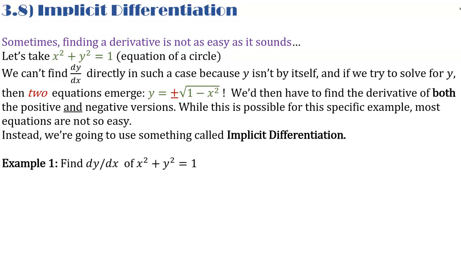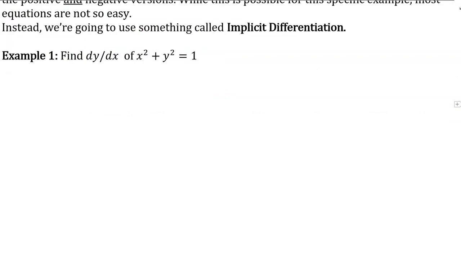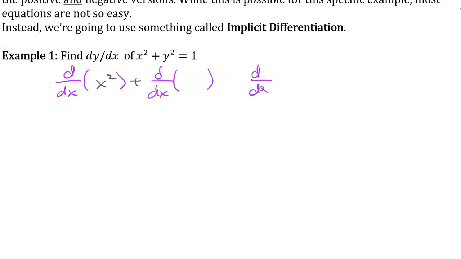So we're going to take the d dx of every term in our equation. So we would have d dx of x squared, and then d dx of y squared, and d dx of 1.